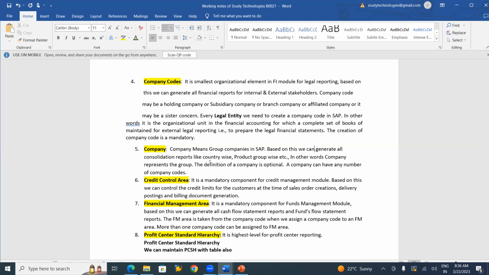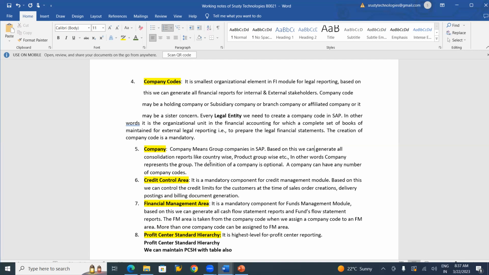But if I am having a number of businesses, Birla Steels, Birla Cements in India, Birla Steels in US, I'm having different company codes, right? And I want to have consolidated reports of all the 3 company codes. Then to have this consolidation, we need to have a company.